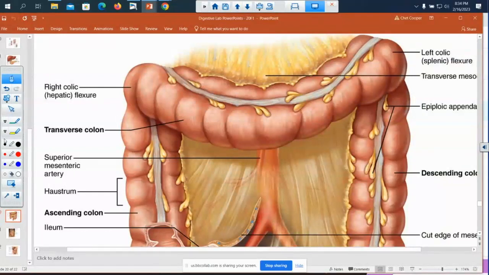This thing has two names. Right colic flexure, because it's the right side of the colon bending, or because the liver's there, they call it hepatic. Okay, if the one on the right's named for the liver, the organ on the left would be the spleen, so they call it the splenic flexure or left colic flexure. Okay, so I'll just let you write that in or do that however you want.